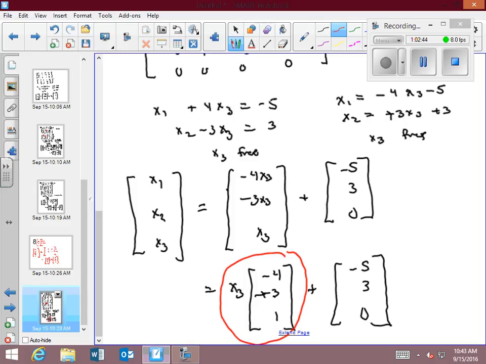Now we're going to talk about them being independent, and that means they have to have at most one. And so if they're consistent and independent, they have one solution. And that's what you want, because you want systems of equations that are consistent and independent.